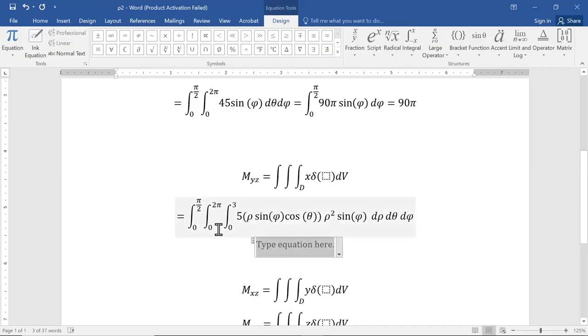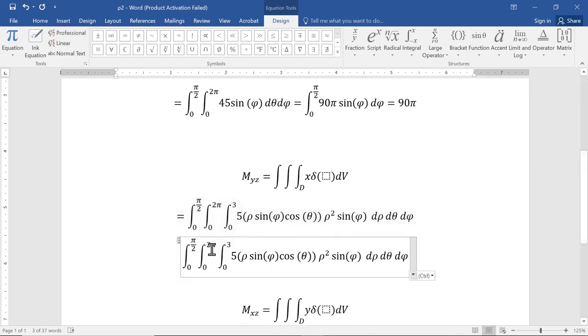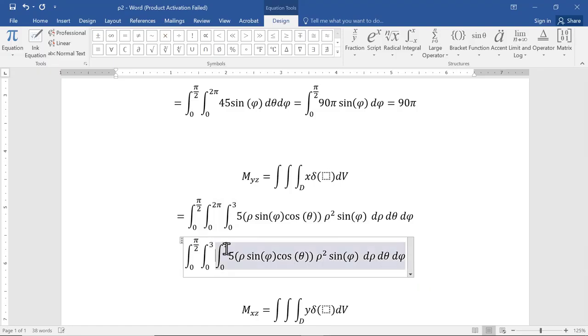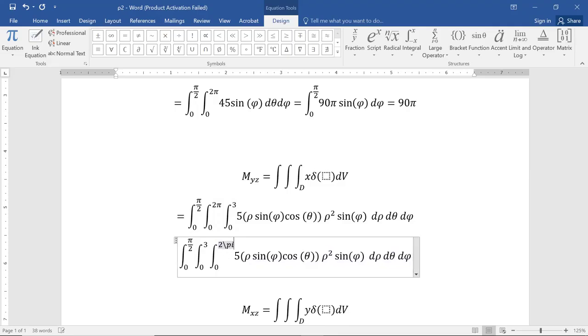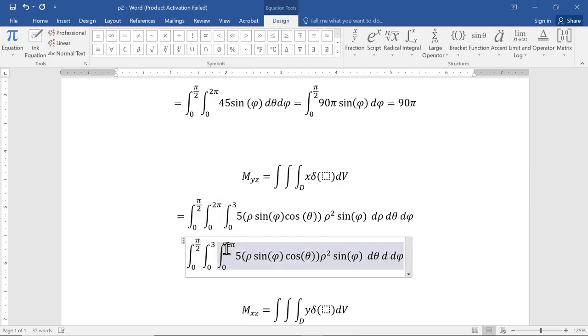Since all these bounds are just numerical values, I can switch the order of integration if I want to. So I'm going to integrate with respect to theta first, and then I'll integrate with respect to rho.